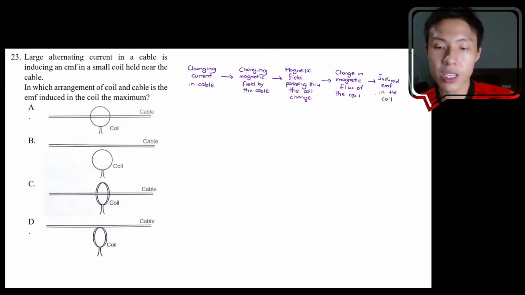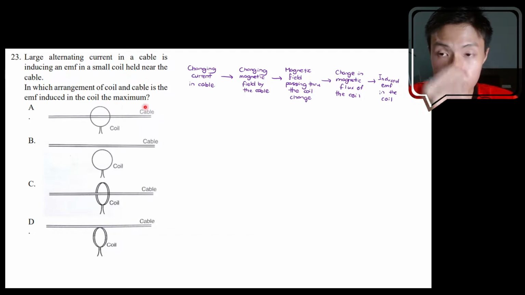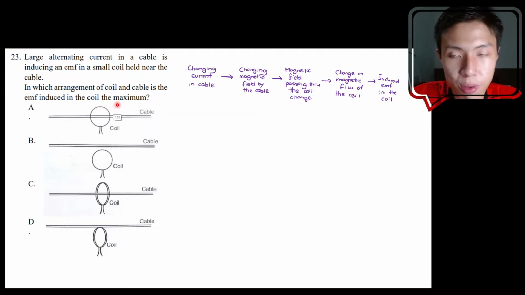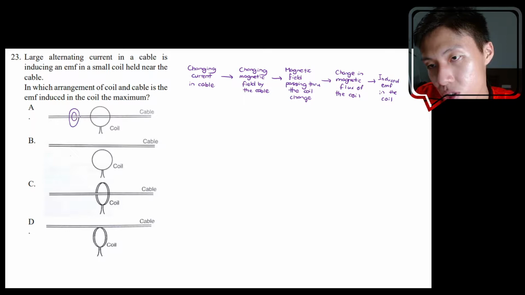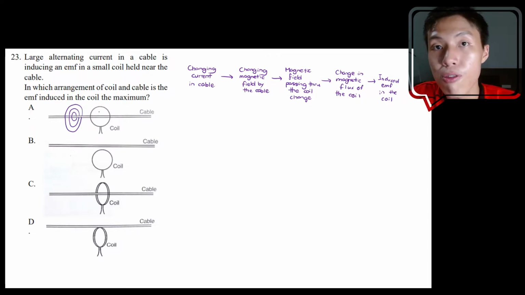So this is a straight wire. This is a straight line cable, a very long straight cable. So you expect the magnetic field produced by this cable to be perpendicular. The plane should be perpendicular, so it should look something like this. We learned this in chapter 4, magnetism.